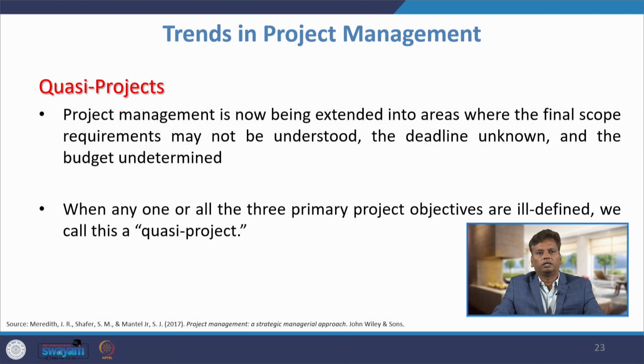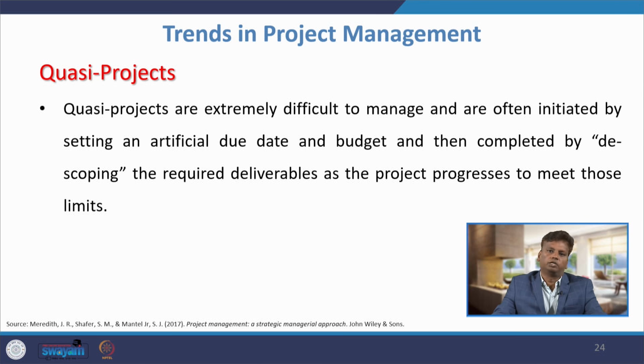When any one or all three primary project objectives are ill defined, we call it a quasi-project. Quasi-projects are extremely difficult to manage, and are often initiated by setting an artificial due date and budget, then completed by de-scoping the required deliverables as the project progresses to meet those limits.